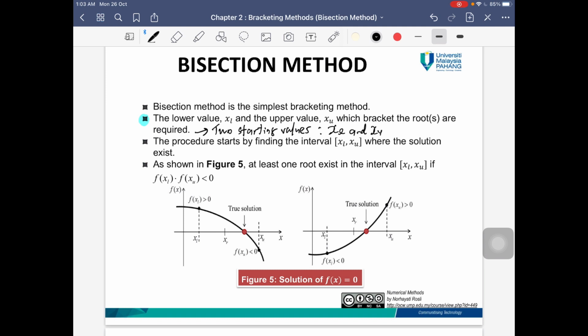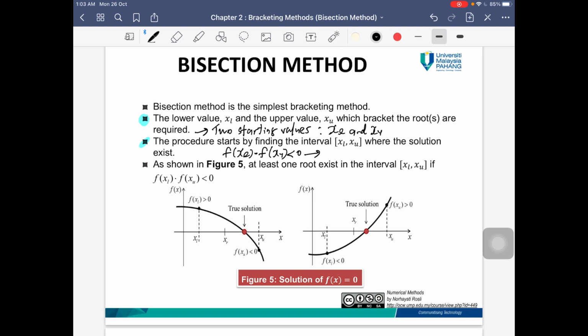Next, the choice of x lower and x upper must bracket your roots. It means that f(x lower) multiplied with f(x upper) must be less than or equal to 0.